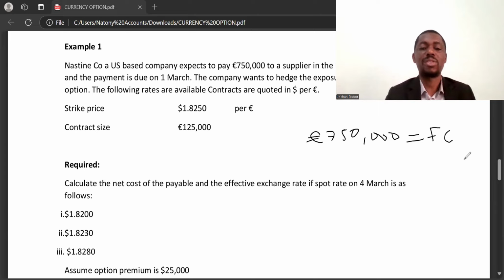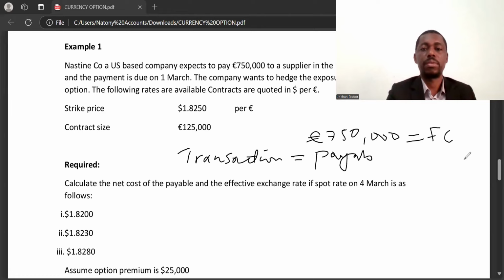Okay, I assume you got it. If you've been following my lectures, I think you should get this. So the transaction is a payable. And for a payable, the company, Nash Co, will need to buy the foreign currency, which is the euro.